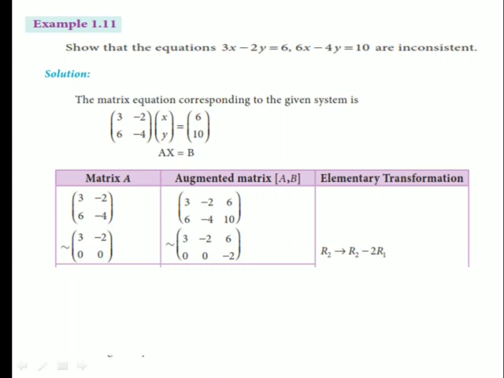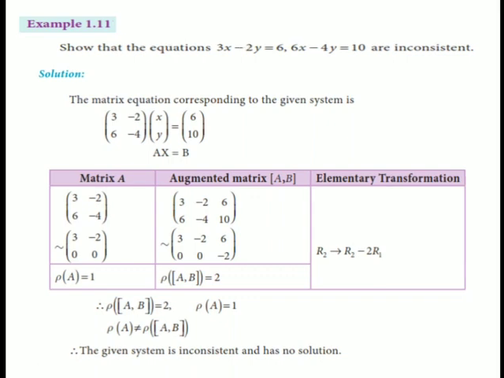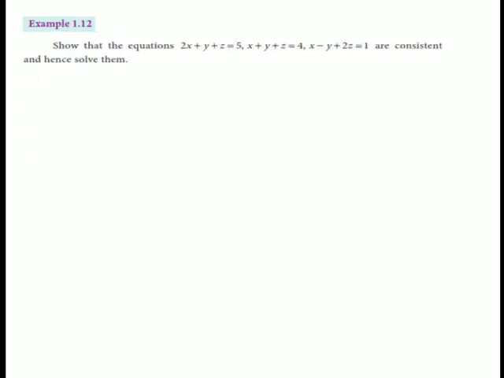If you subtract, you get this equation. Rank of A equals 1, rank of (A, B) equals 2. Both are not equal. So the given system is inconsistent and has no solution.